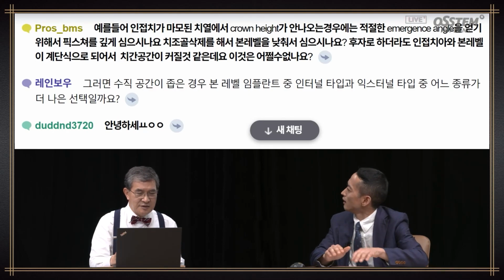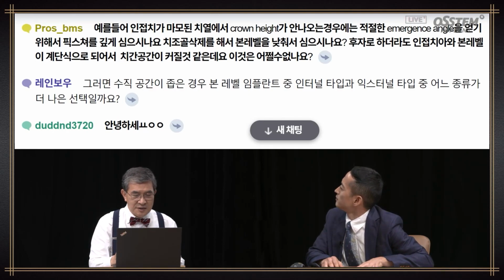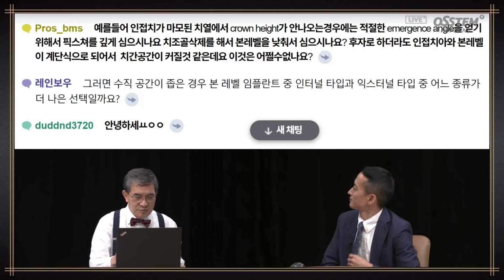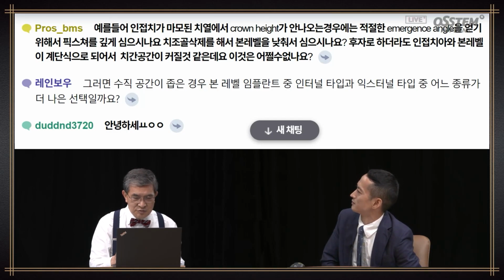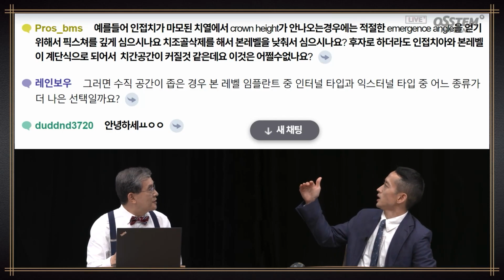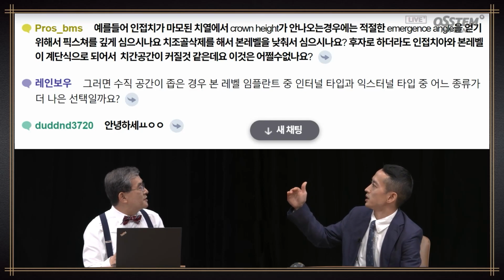Pros BMS. If the adjacent teeth are worn and if crown height is insufficient, do you place implant deep to get appropriate emergence angle? Do you prep the alveolar bone to reduce the bone level? Even if you do that, I believe the gingival embrasure space will become bigger because of the difference with the adjacent teeth.